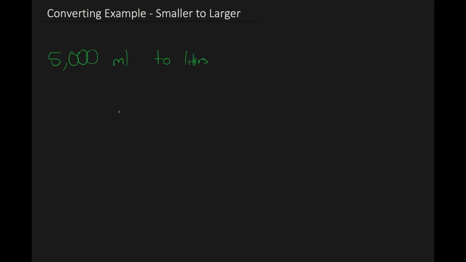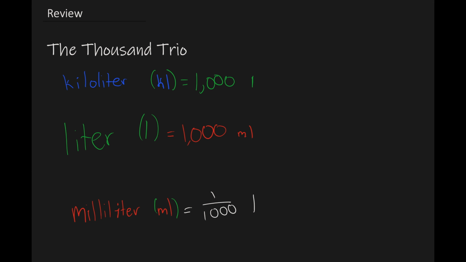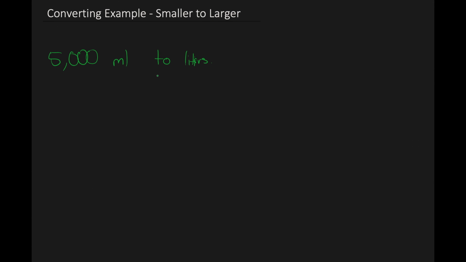Step one, we have to know, and I'm going to go back to this page a lot in this lesson, how many milliliters are in a liter? Well, 1,000. So we write that down. 1,000 milliliters in 1 liter.